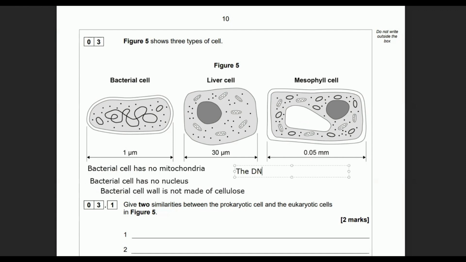The DNA in the bacterial cell is in the cytoplasm. So the DNA is found in the cytoplasm. I could also say the DNA is circular, whereas the DNA in the liver and the mesophyll cell is most probably double helix, if you get me.